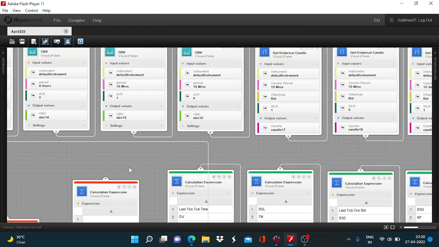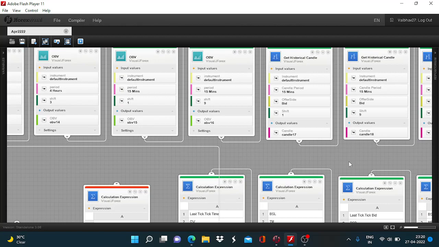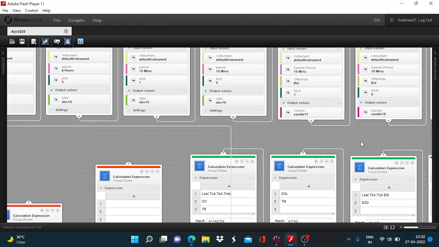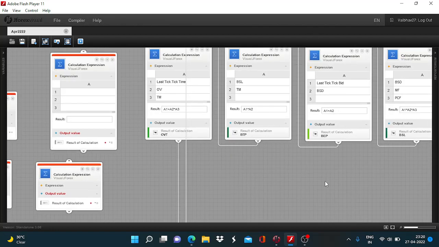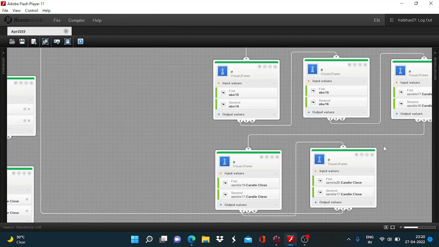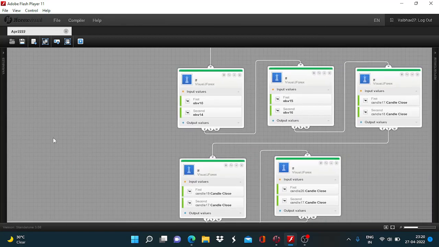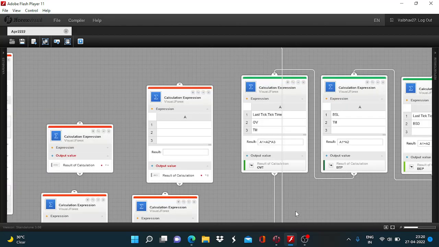So we need the difference between candle 17 candle close and candle 18 candle close. Candle 17 candle close should have happened higher. No, that condition is already in place. So no worries.